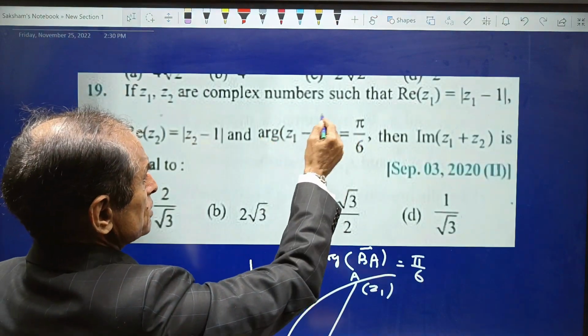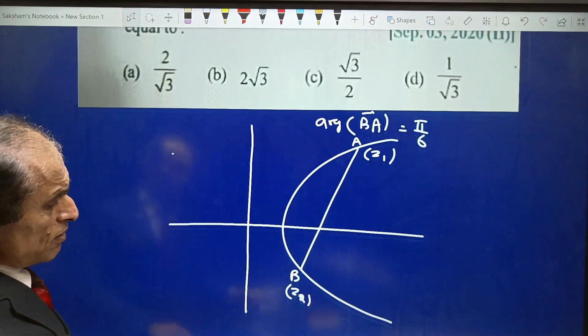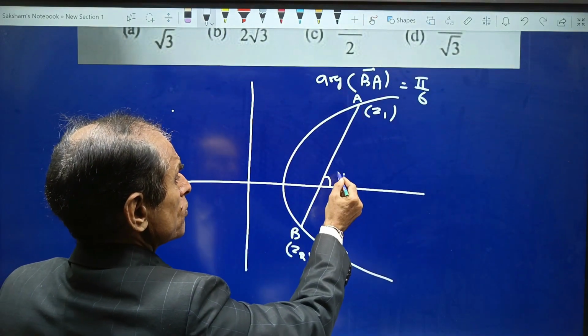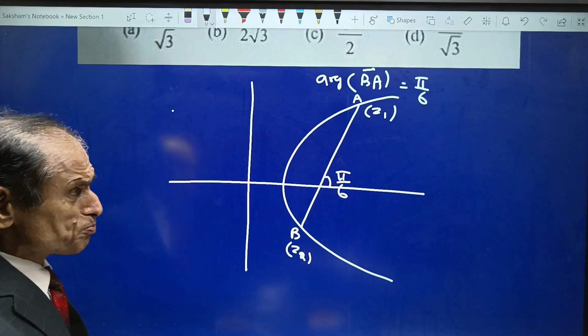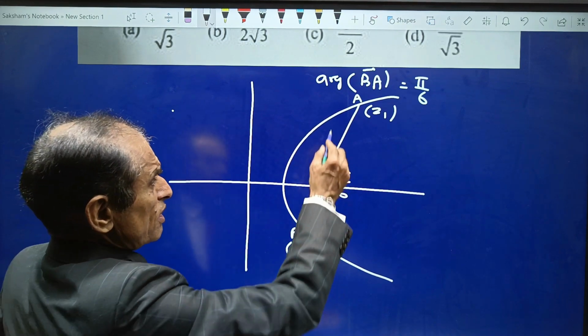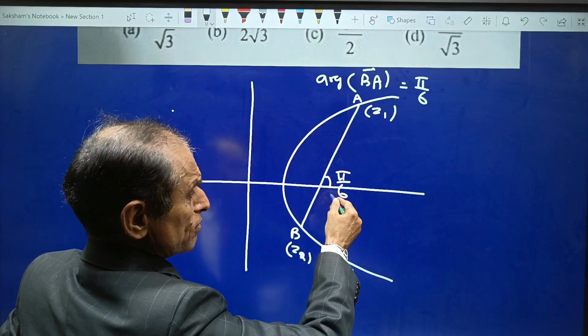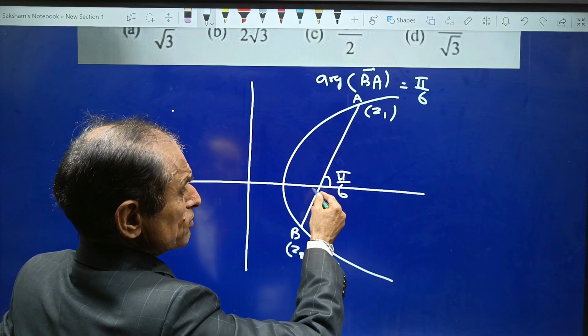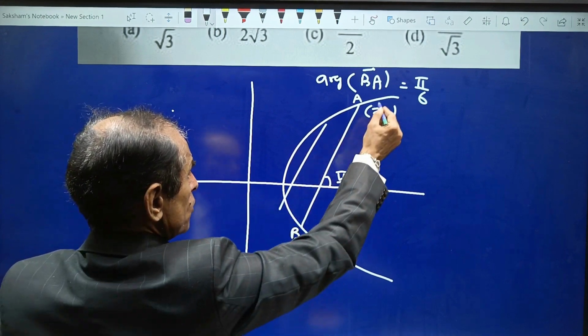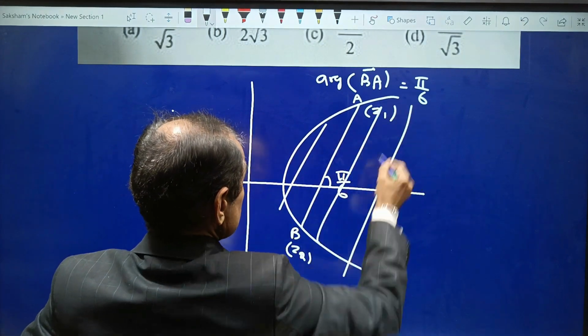And this information means BA vector is making an angle of pi by 6 with positive direction of x-axis. Agreed, there are infinite number of lines which make an angle of pi by 6 with positive direction of x-axis. For example, all these lines.